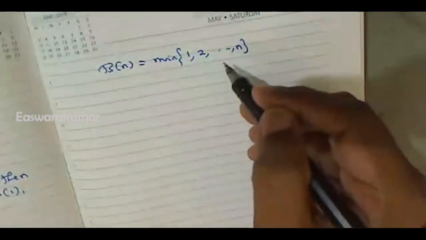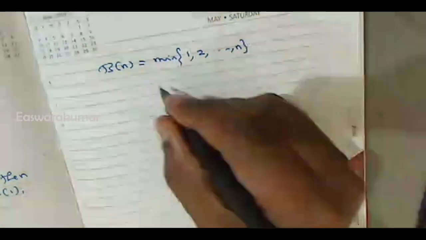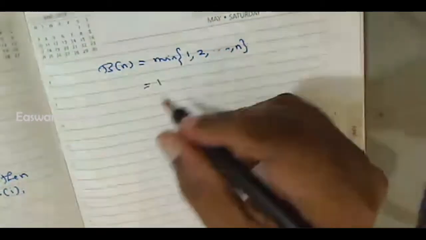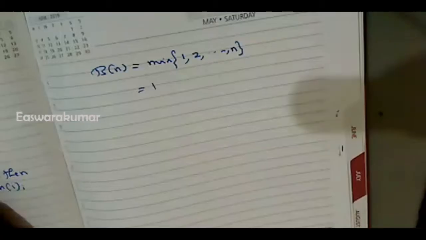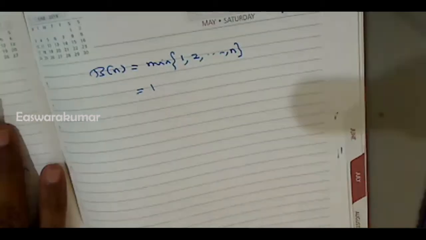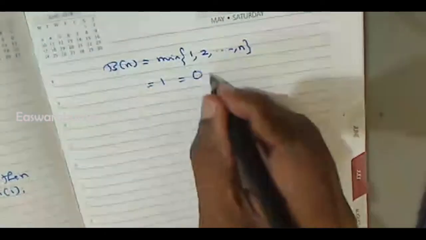And the best case we get only when the element is in the first position, right? So the minimum value is equal to 1. That means if the element is in the first position, that gives the least number of comparisons, and that is the best case. So in this algorithm, best case complexity, asymptotically, is O of 1.